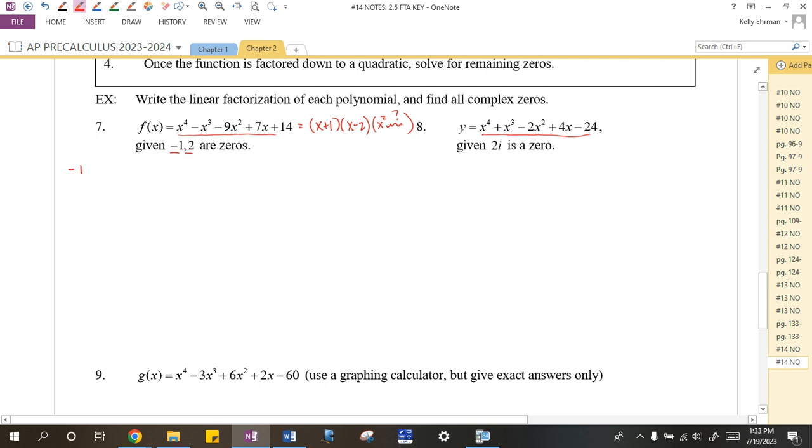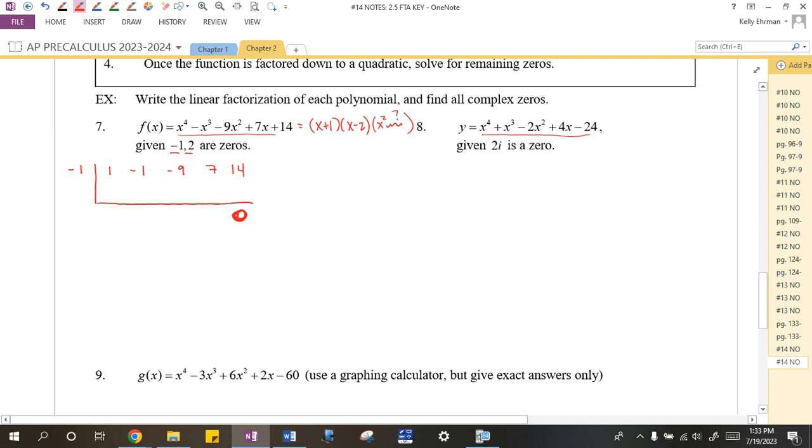It doesn't matter which one I start with. I'm going to start with negative 1. If negative 1 is a 0, we should be able to do synthetic division. I'm setting it up right now. And we should get 0 in this remainder spot. By doing synthetic division, what we're doing is dividing x to the 4th by x plus 1, and that's going to leave us with an x to the 3rd result.